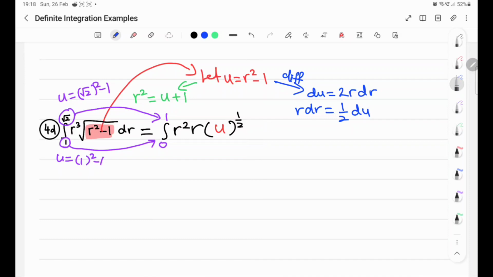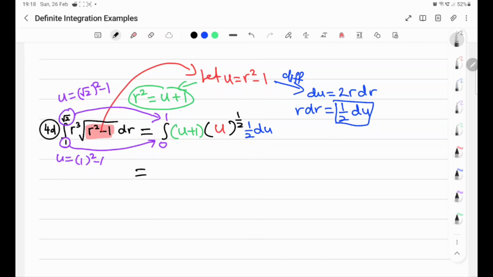As we can see here, we have r dr, we have r over here and dr over here. We can replace them with half du, 1 over 2 du. Then you see r squared is u plus 1. So everything is all u, and the limits are also u values.